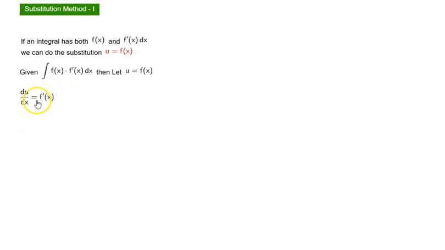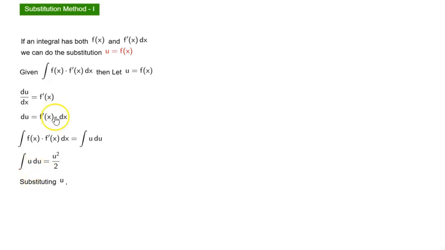Now we also require du, so let's differentiate u is equal to f of x. We get du by dx is equal to f prime of x, which means du is equal to f prime of x dx. And now we do the substitution. So when we do the substitution, we get integral of u times du. And we know the integral of u du is equal to u square by 2.